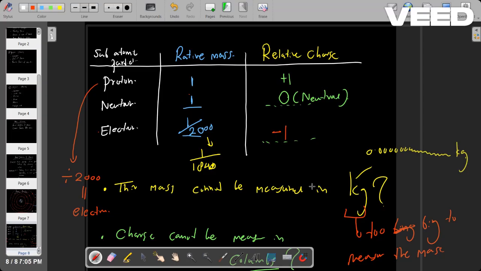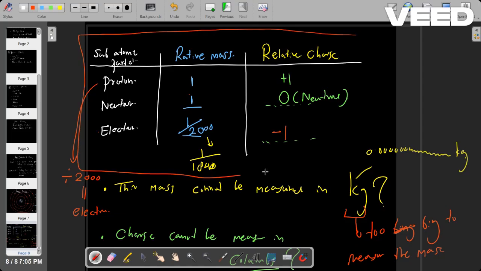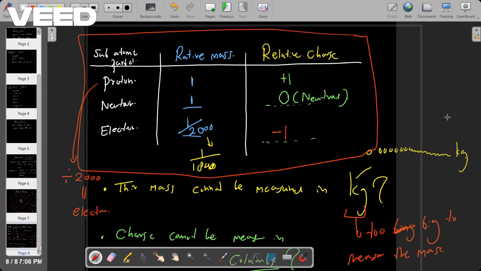So you must memorize this chart: mass of a proton, mass of an electron, relative mass, relative charge. These things you must remember.